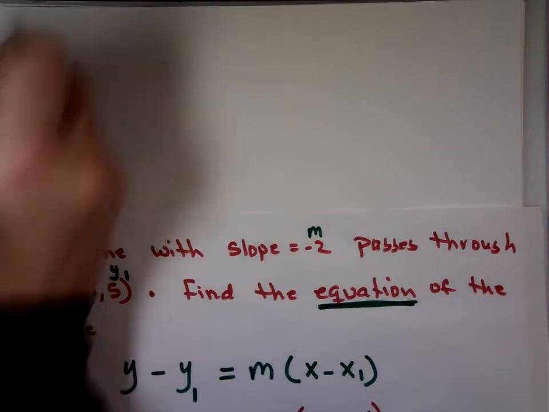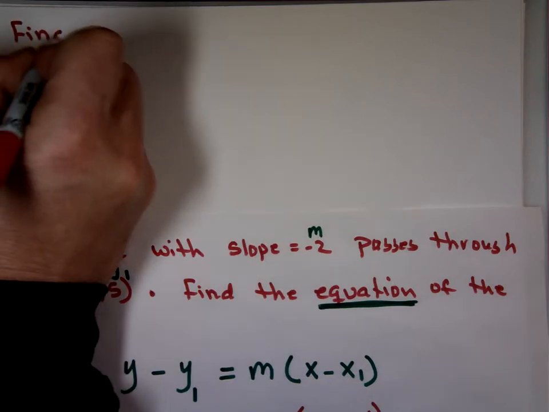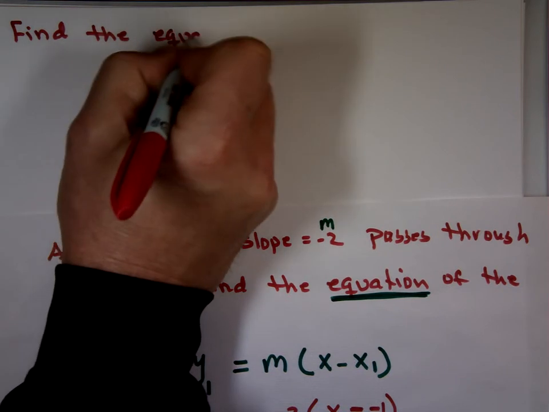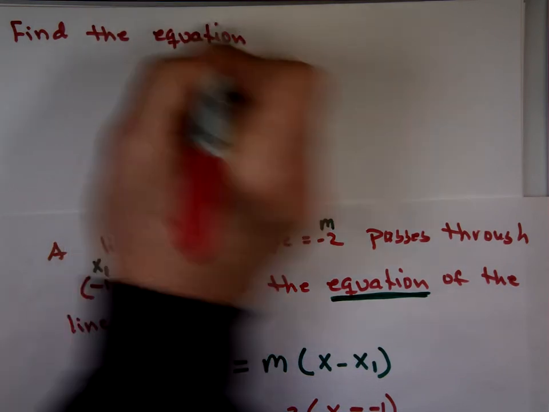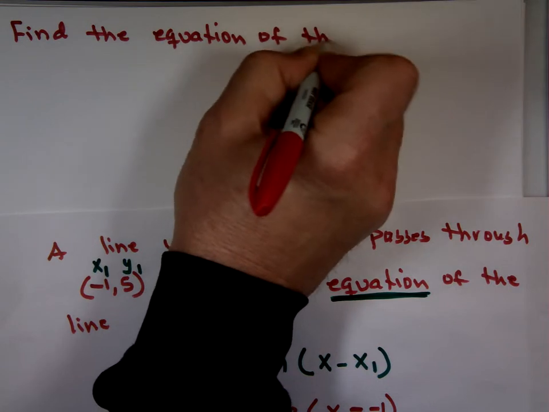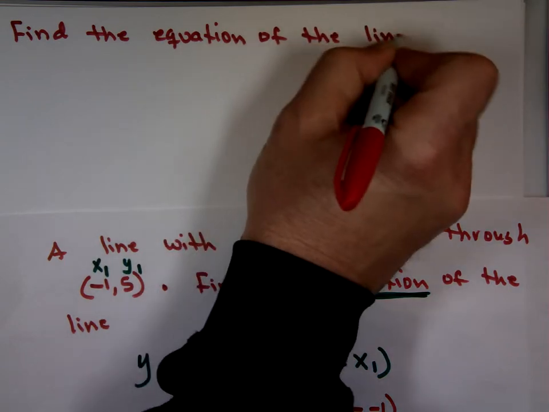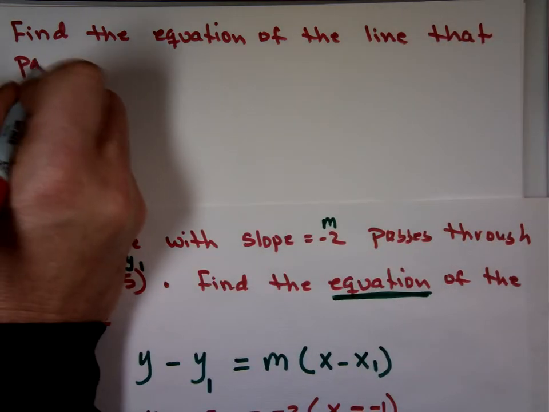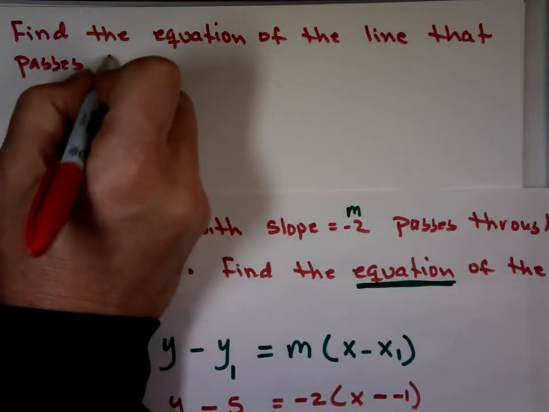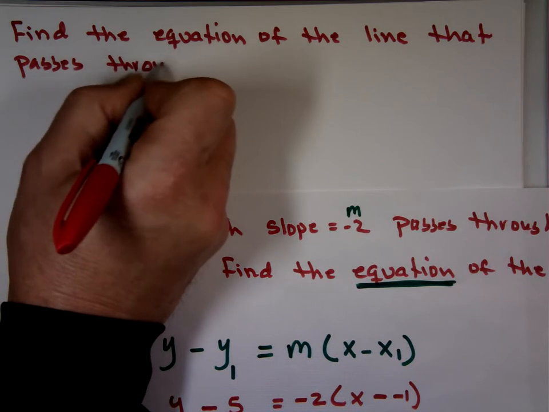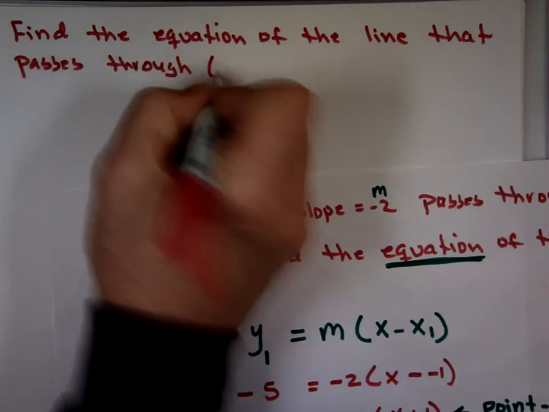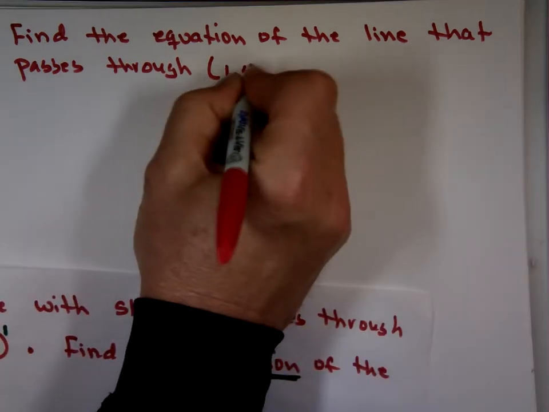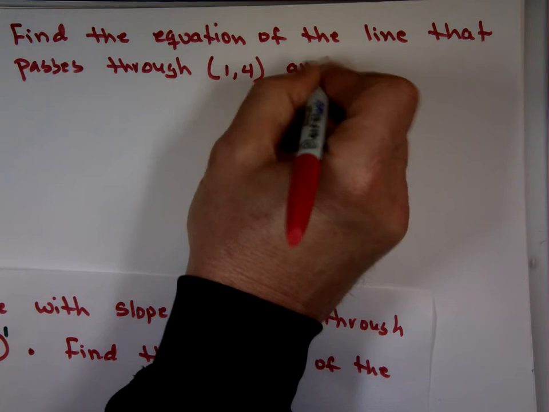Find the equation of the line that passes through, somebody pick a point, give me a value for x and y. Was it 1 and 4? And somebody pick another point. 2 and 8.